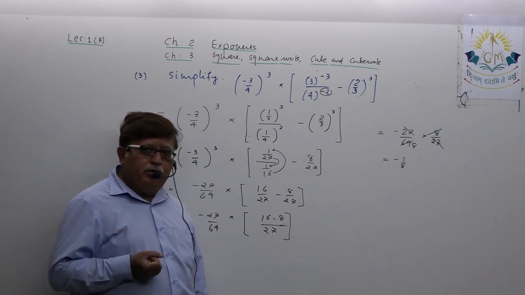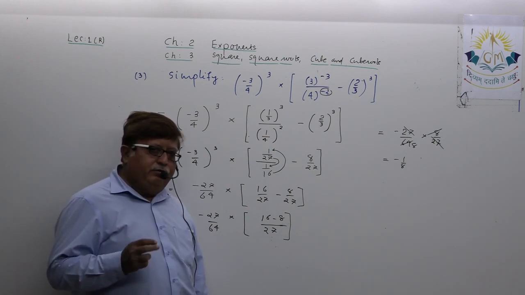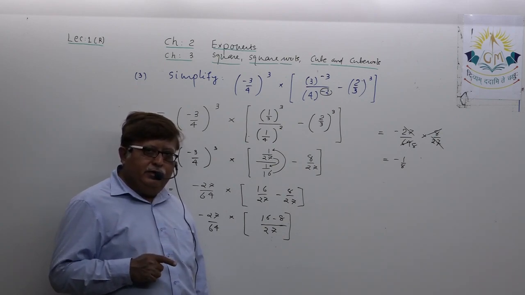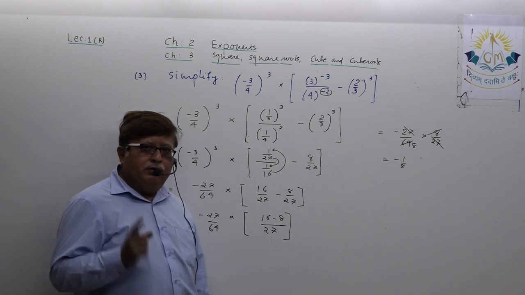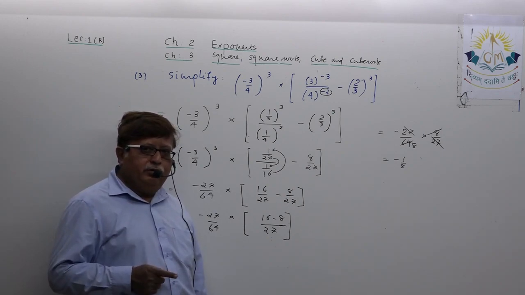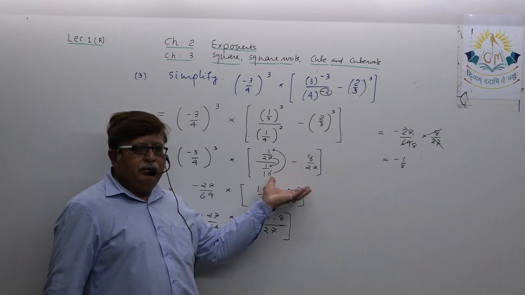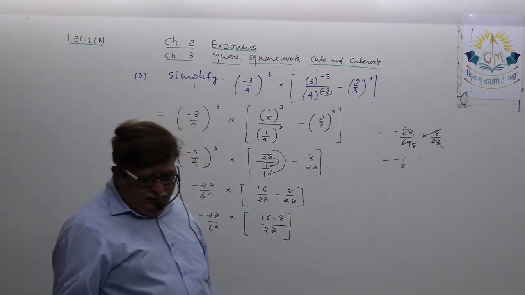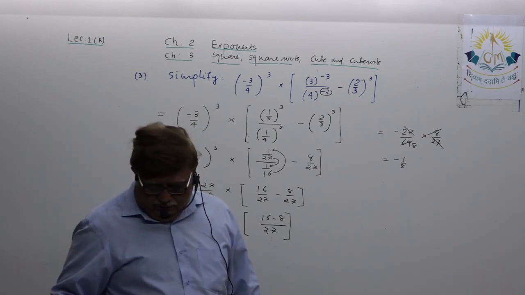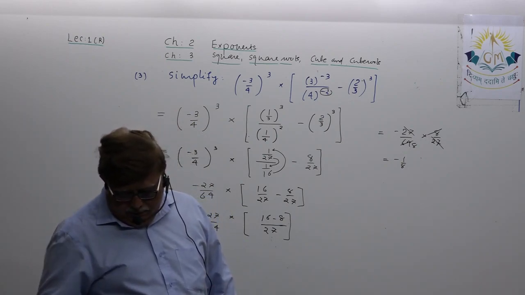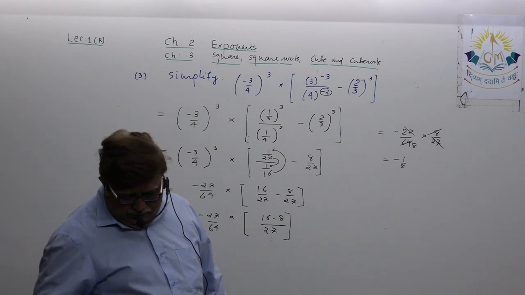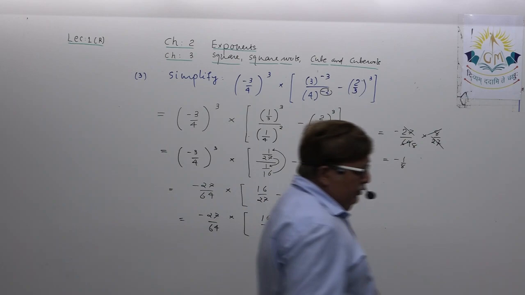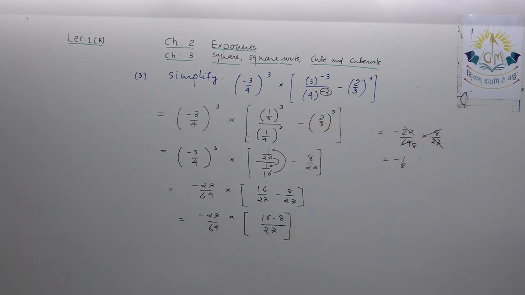Bracket to be solved, for that each and every term to be evaluated, and for that power needs to be made positive, and then you take the LCM inside the bracket whenever there is plus or minus sign. You please verify this. Then I would also like to take one more difficult example of a different category, not actually similar to this.